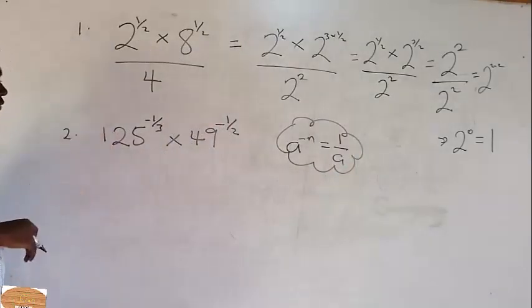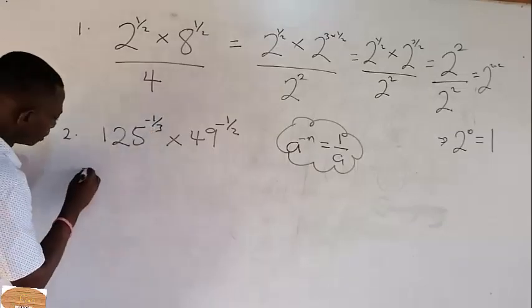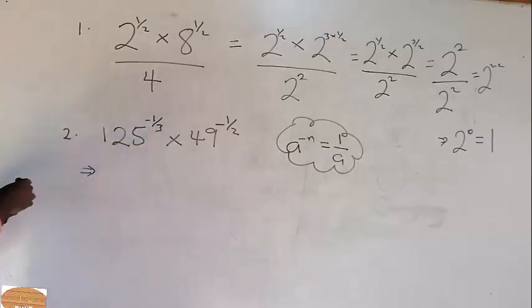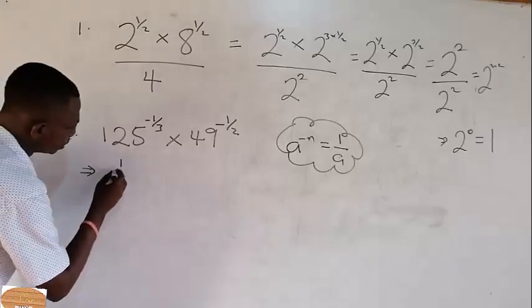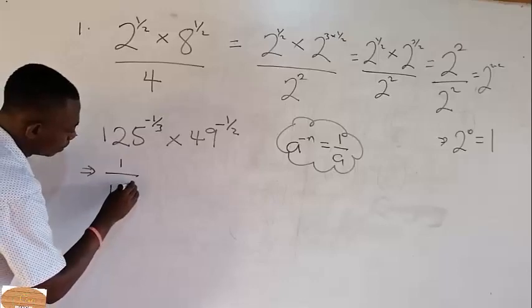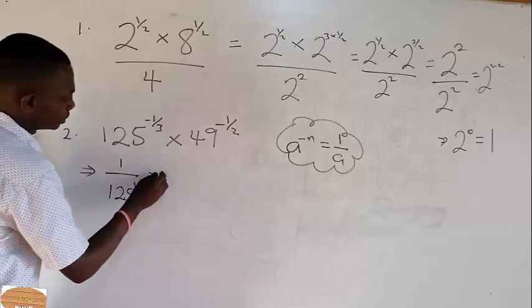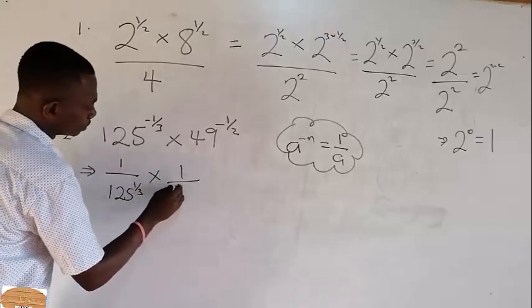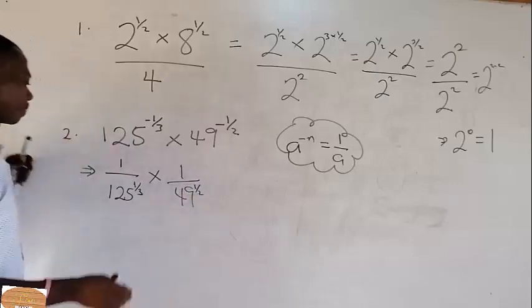So 1 over 125 to the power 1 over 3, times 1 over 49 to the power 1 over 2. Alright.